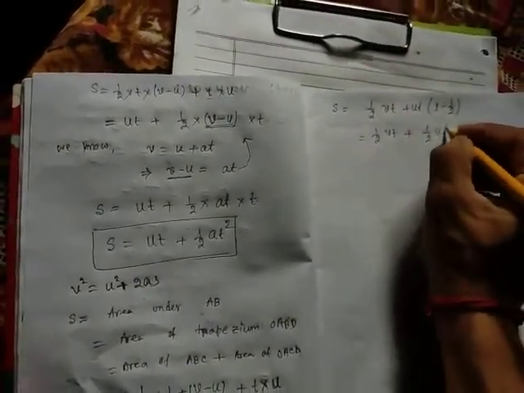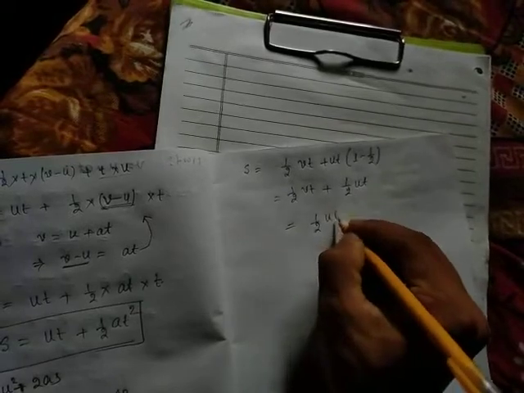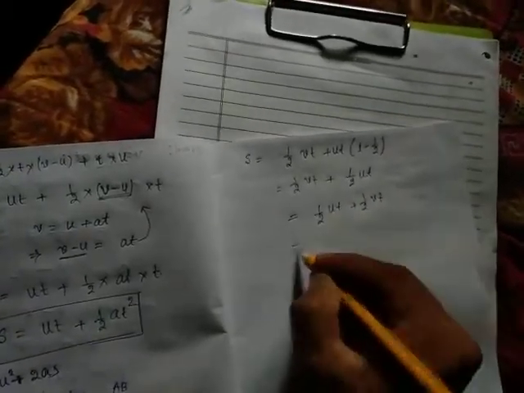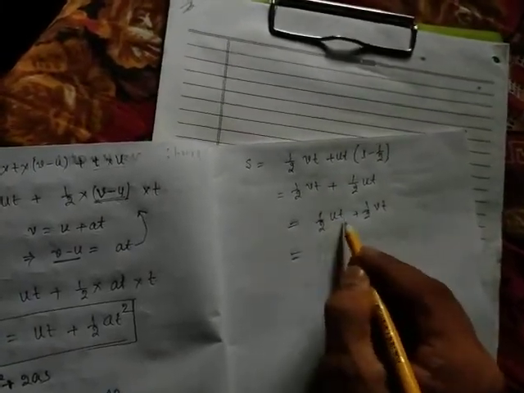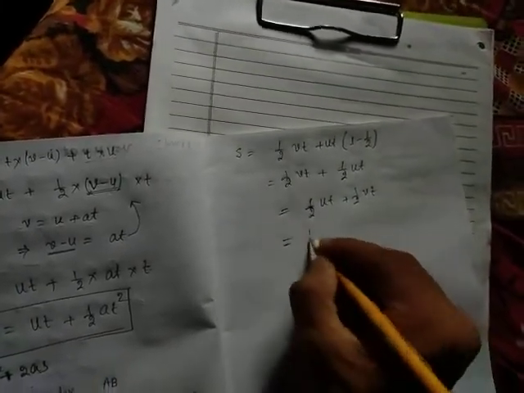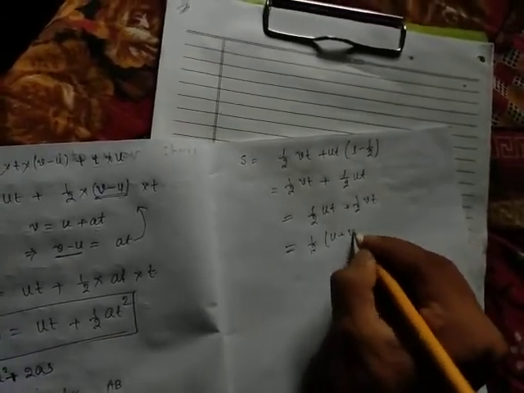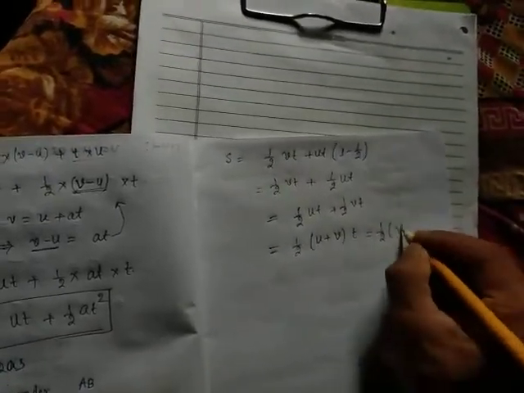So half ut plus half Vt. Now what are the common terms? Half and t are common, so half into u plus v into t.